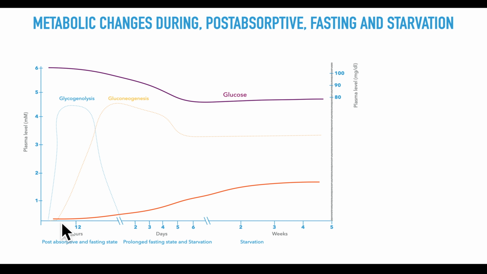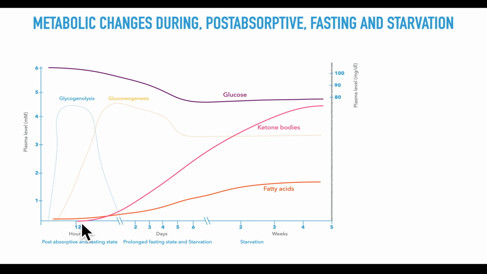The fatty acid oxidation continues to go on as the person is in fasting condition. The fatty acid lipolysis is going on, fatty acids flooding into the blood, taken up by the liver and by the other tissues. As you can see, fatty acids continue to rise as the person goes into fasting and starvation. As the fatty acids continue to rise, ketone bodies rise in the blood.